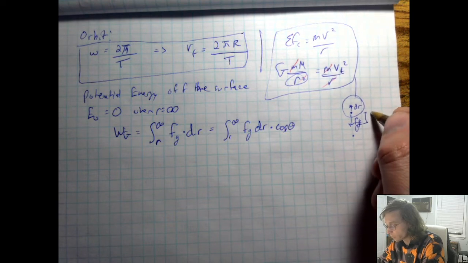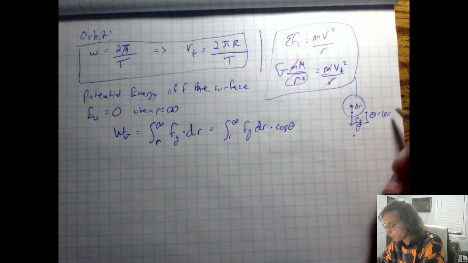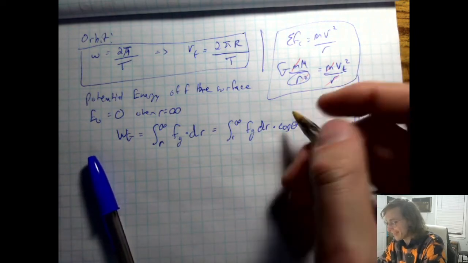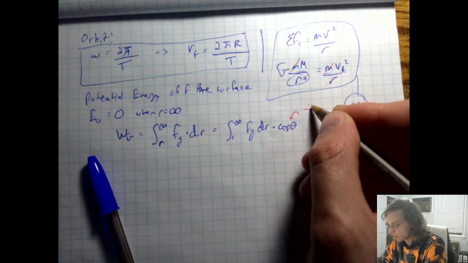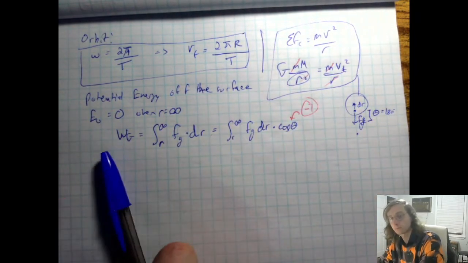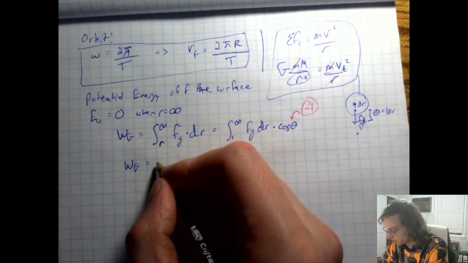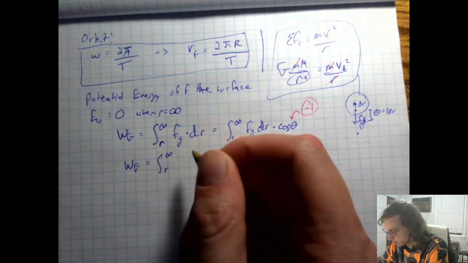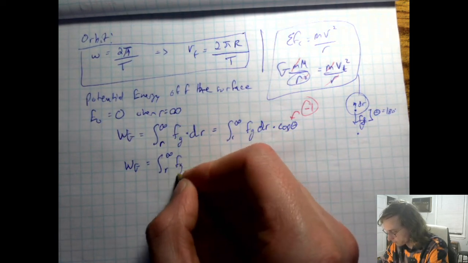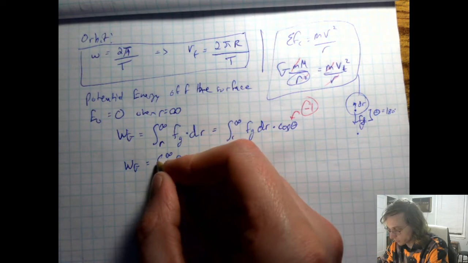So the angle between them is equal to 180 degrees, and that means our cosine is going to be -1. And so from here on out, the work that gravity winds up doing in this case is going to be negative.